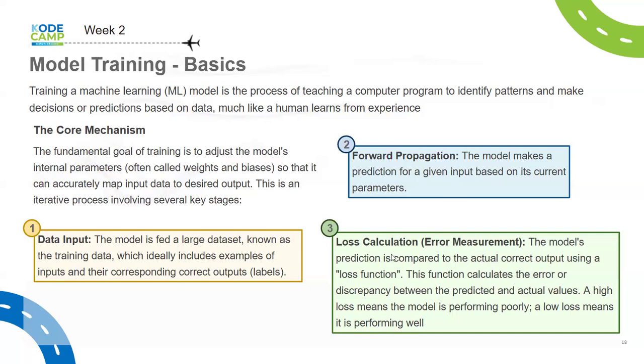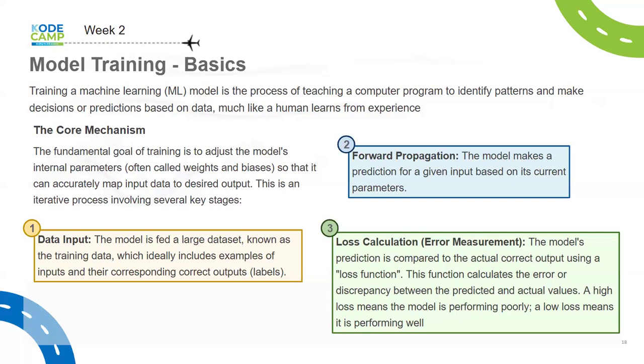After the forward propagation, you have a series of numbers that you will compare with what you are expecting, what should be the correct value, what we call the true or actual value. You take those true or actual values and compare them with what the model has actually calculated. That comparison is what we call a loss calculation.